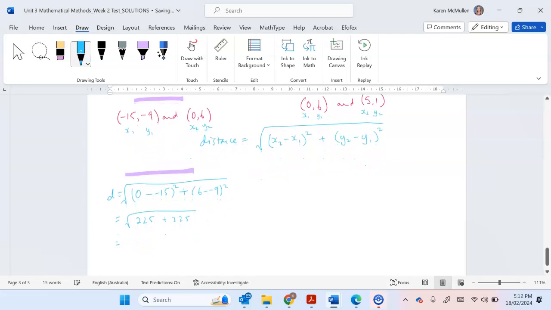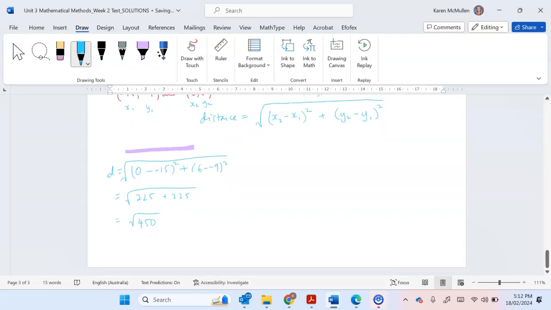So that is 225 plus 225 is 550. And I feel like I've made a mistake somewhere along the line. Let me just check my answers. No, it should be 450. But I didn't make a mistake, I just couldn't add that one. All right, 450. Now, you should be able to simplify that surd. So what is the highest square number that goes into 450?